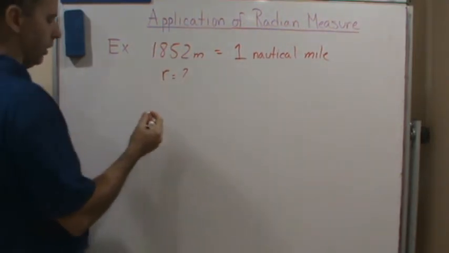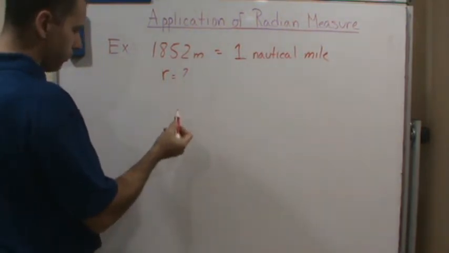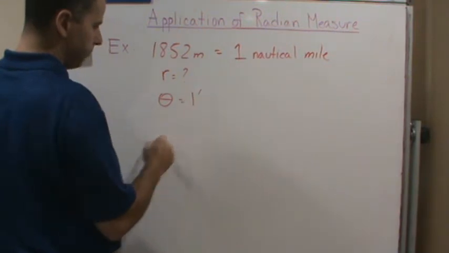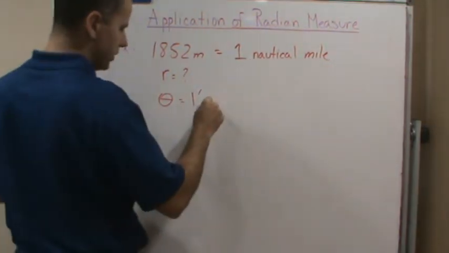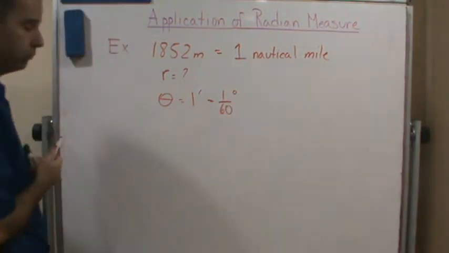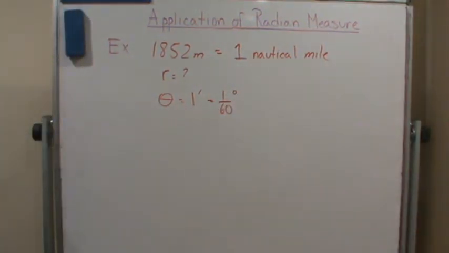So we know the central angle is 1 minute, which is equal to 1/60th of a degree.